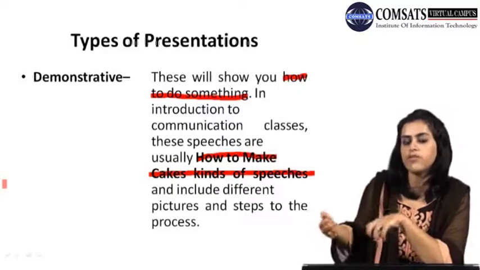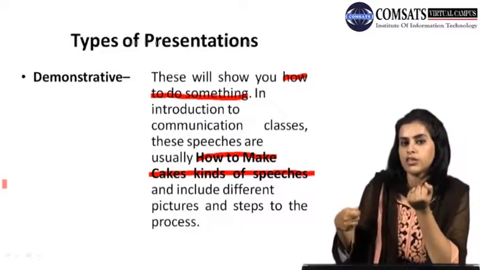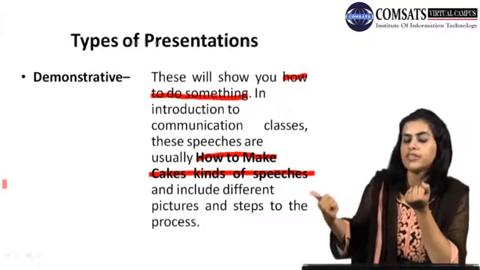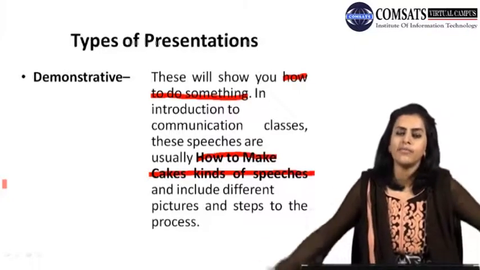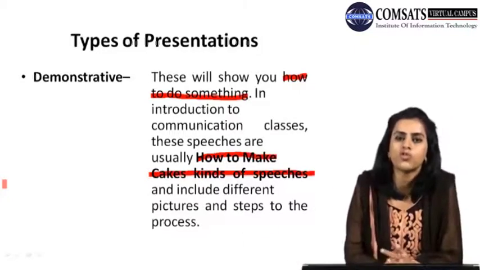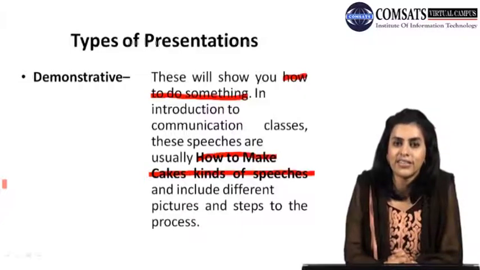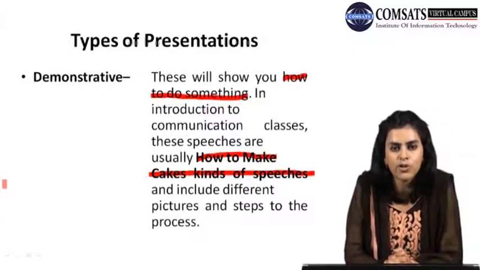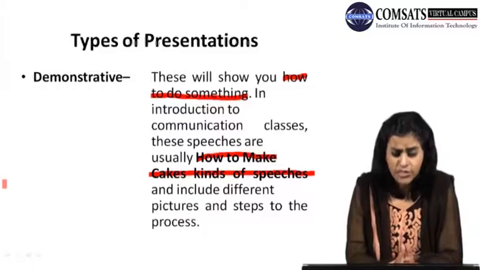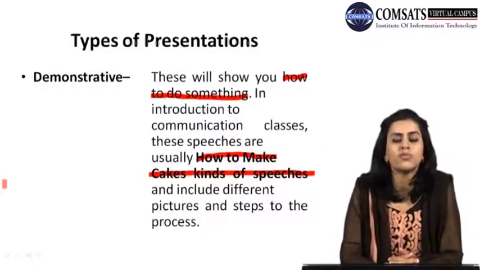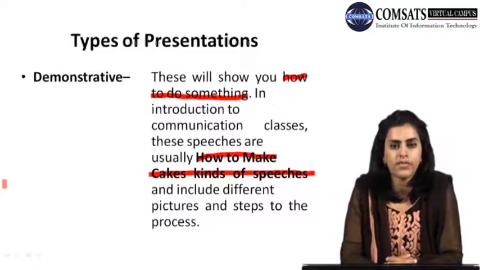But if the machinery is not available, you can use pictures to display what elements you want your audience to focus on while you give them the demonstration of how to use the machinery. So this is how the demonstration type is different from the informative type.